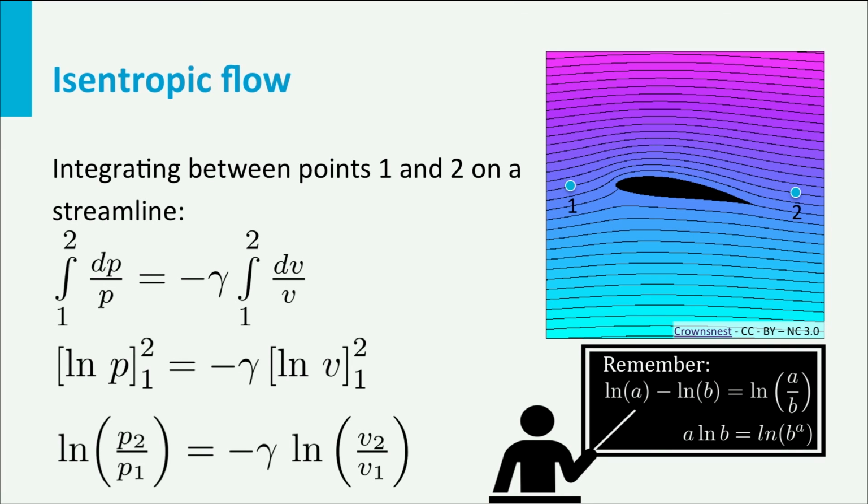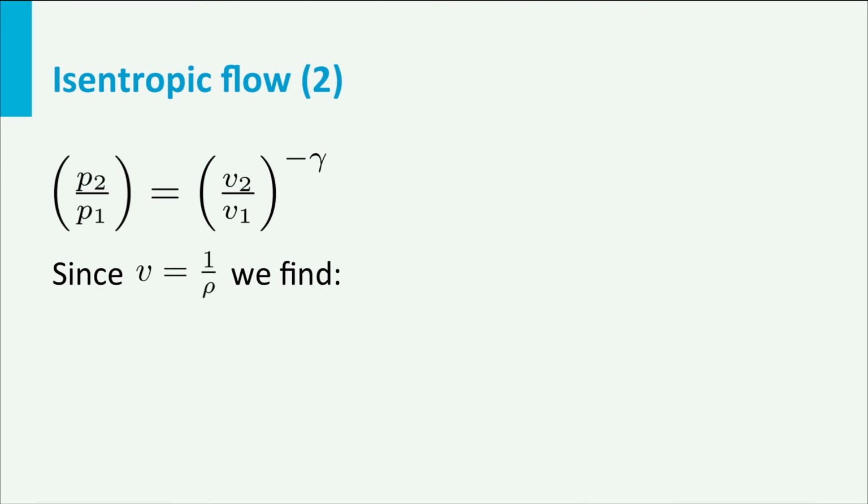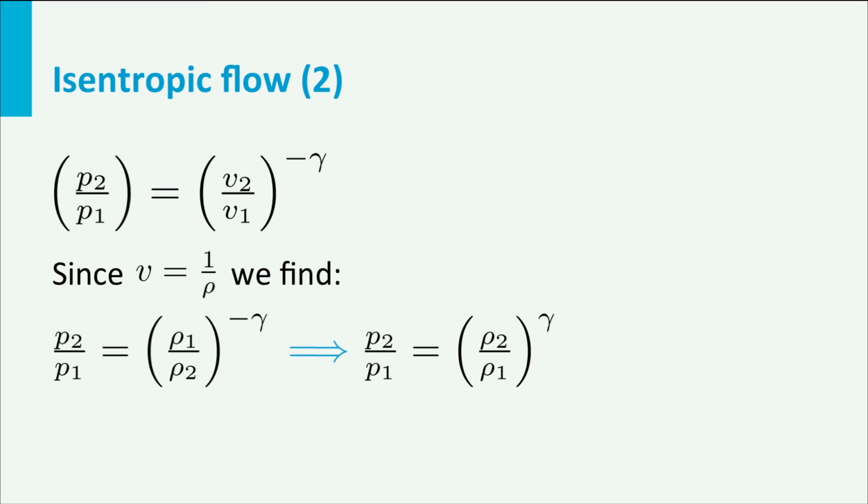Using the rule for subtraction of logs, we find ln of P2 over P1 is minus gamma times the ln of V2 over V1. We can also write this as P2 over P1 is V2 over V1 to the power minus gamma. And since V is 1 divided by rho, finally we have found for isentropic flow, P2 over P1 is rho2 over rho1 to the power gamma.